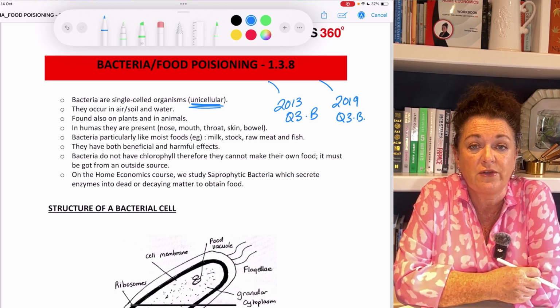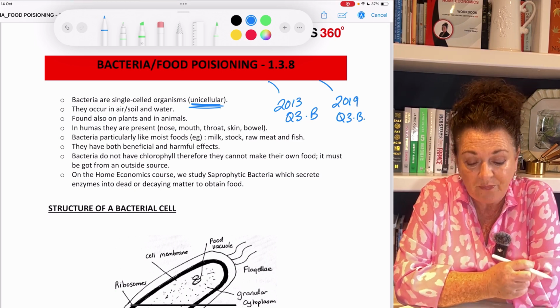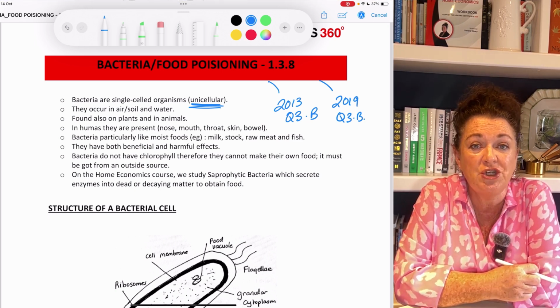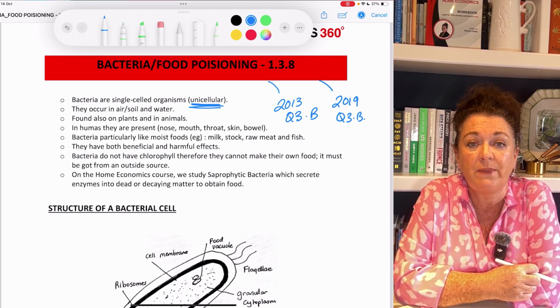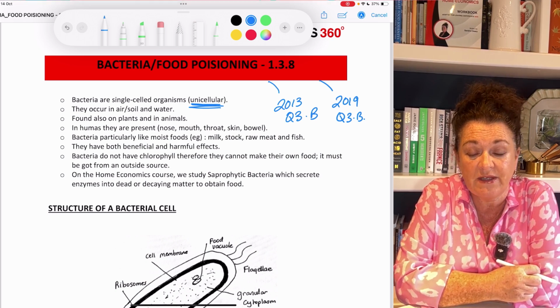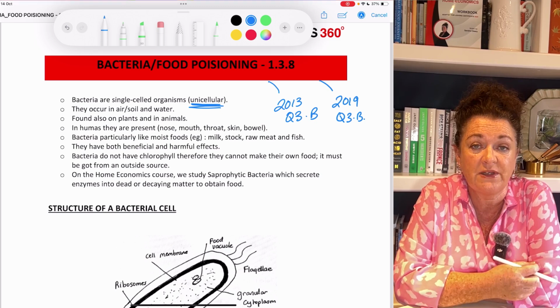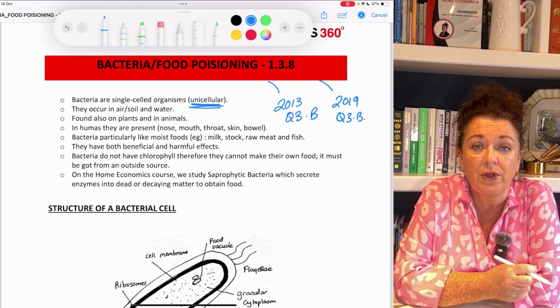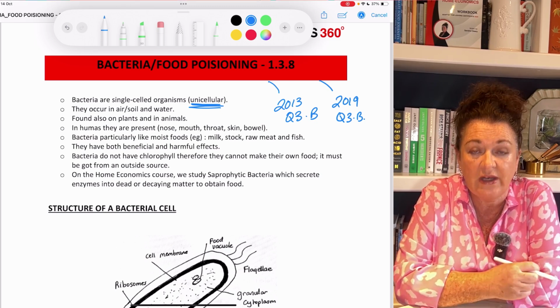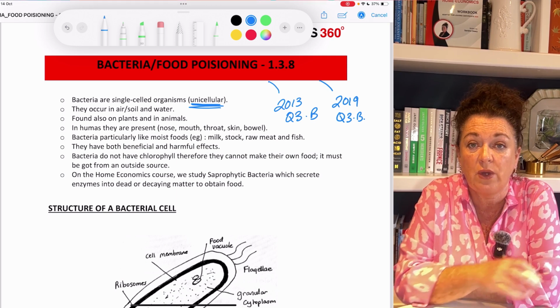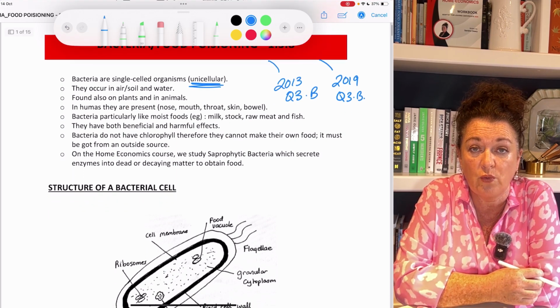Plus, we find bacteria in water. For example, there's a very, very dangerous bacteria called Legionella, and it can bring about what's called Legionnaire's disease, which can be particularly harmful. It can actually kill somebody if, for example, they had an open cut or open wound and the Legionella was to get into their cut or open wound.